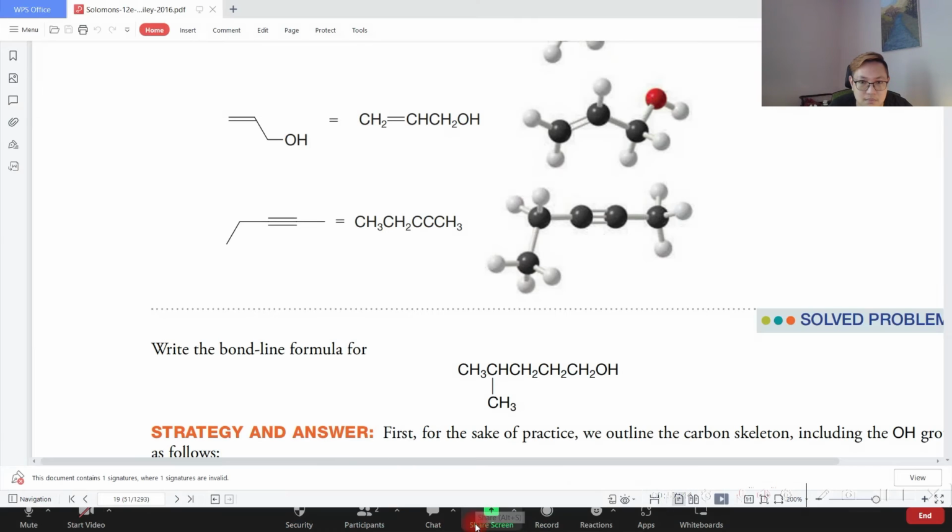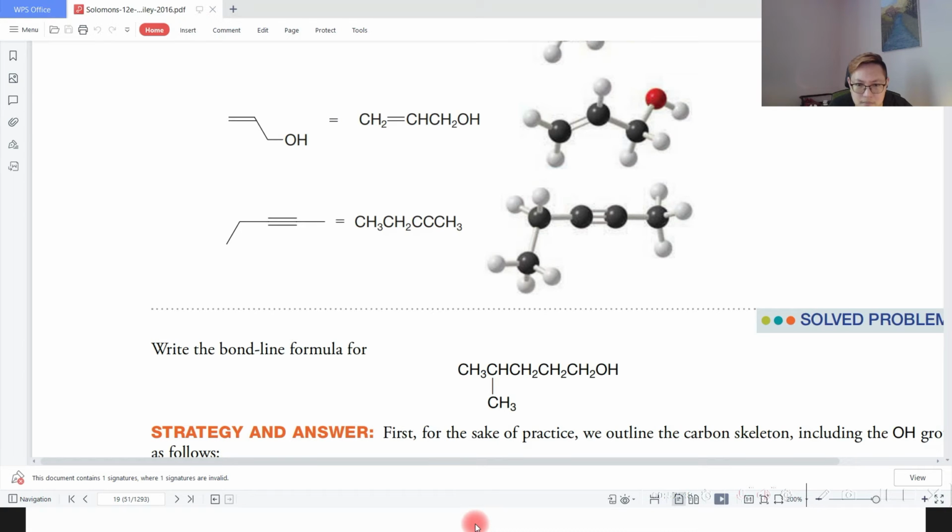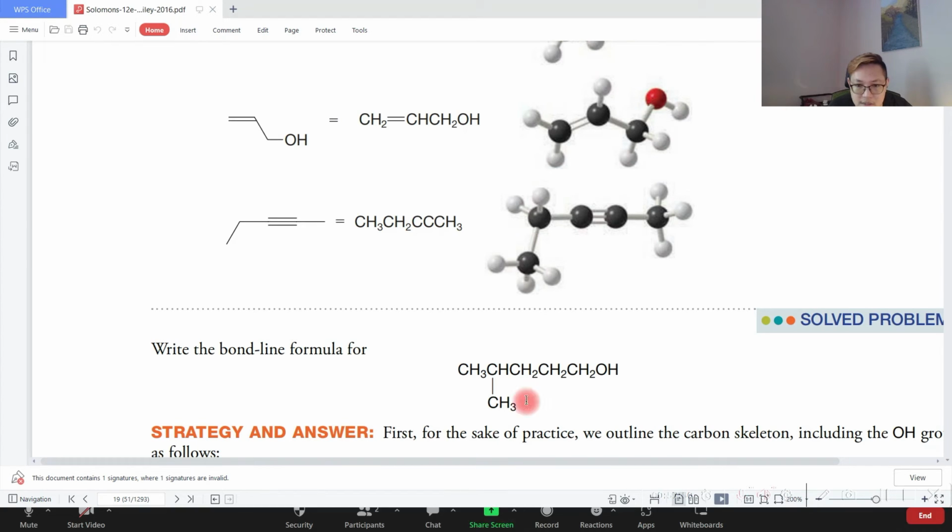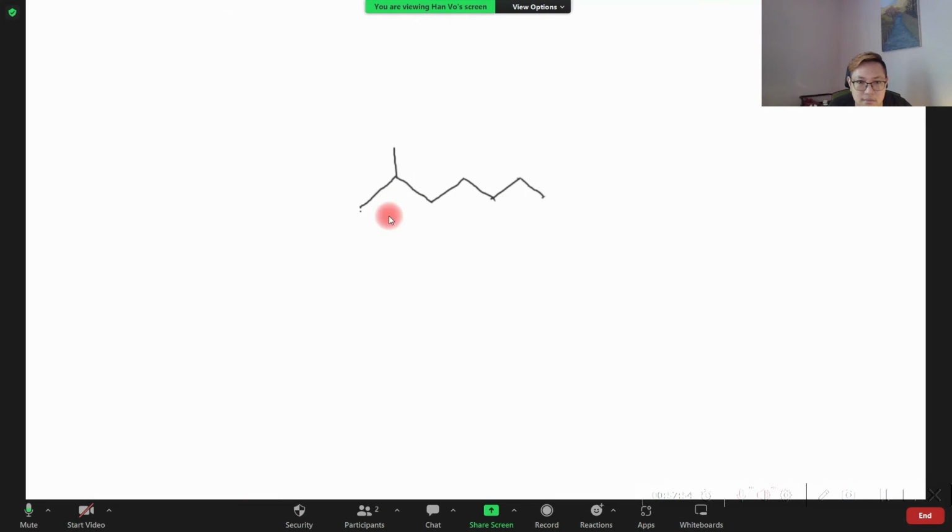Okay, wait. C, 1, 2, 3, 4, 5, 6. 6 carbon, right? Yeah, and 1 O right now. Right. Oh, and okay, yeah, 4, it's right, 5 here, 6. Oh, you have one extra carbon there. 1, 2, 3, 4, 5, 6. But you wrote down 7 or 8.